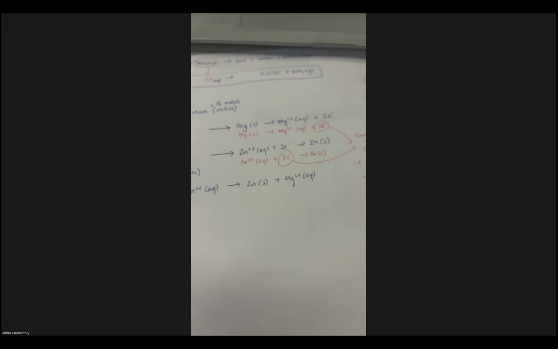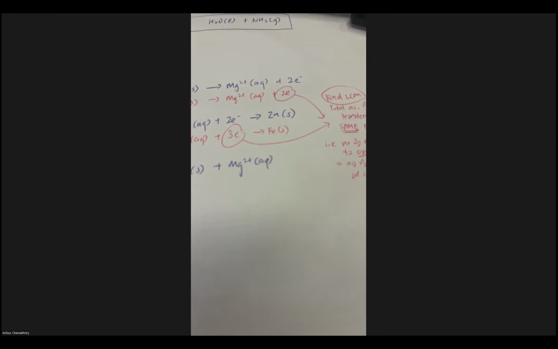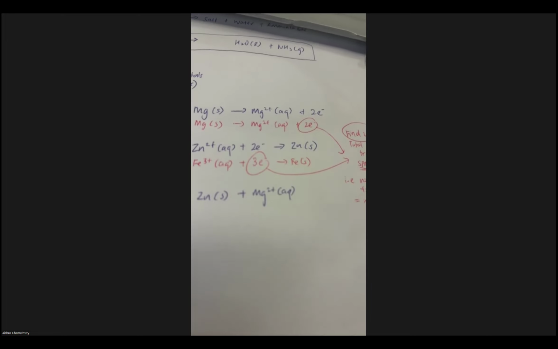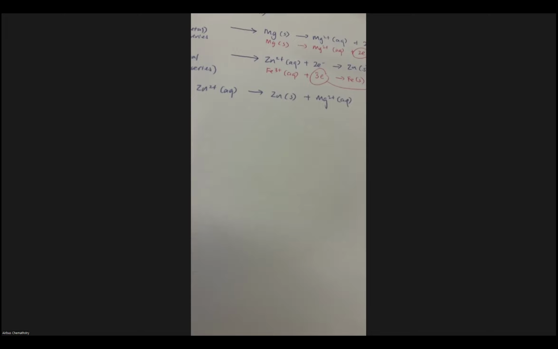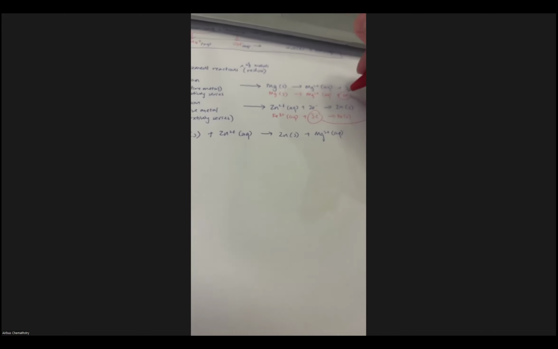There, you see? So what I'm going to do is find the LCM of 2 and 3. This is simple mathematics, secondary 1 E-math: the LCM of 2 and 3 is 6.